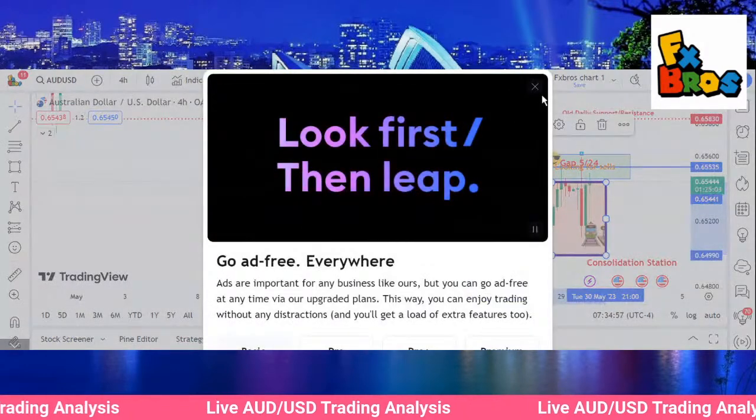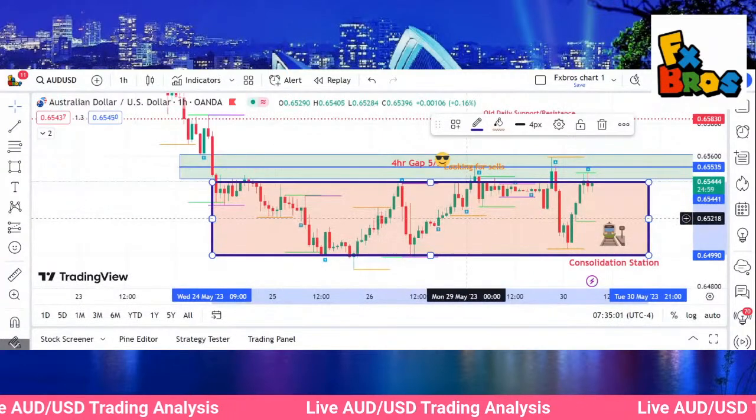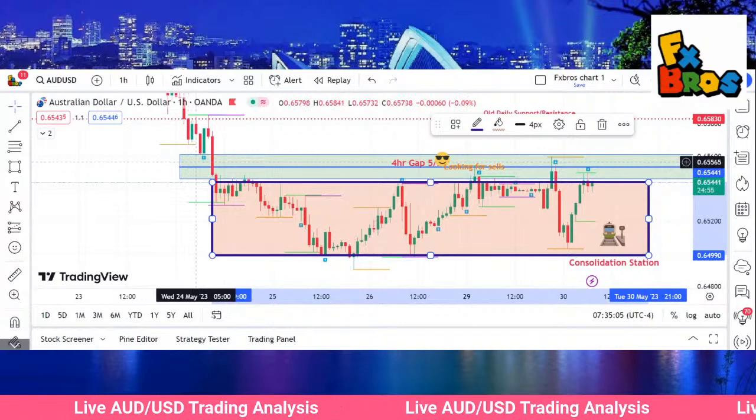Look a little bit more refined on the full hour. Basically, just drawing out this consolidation that we've been experiencing.